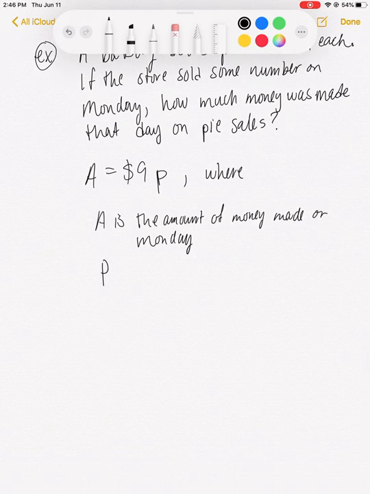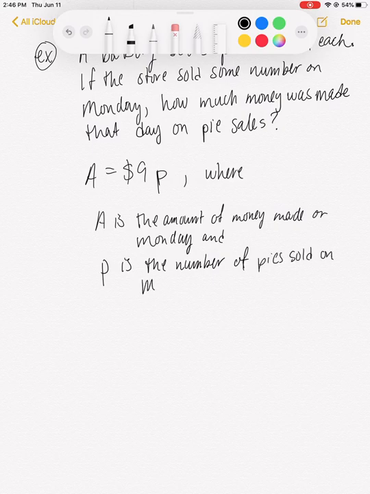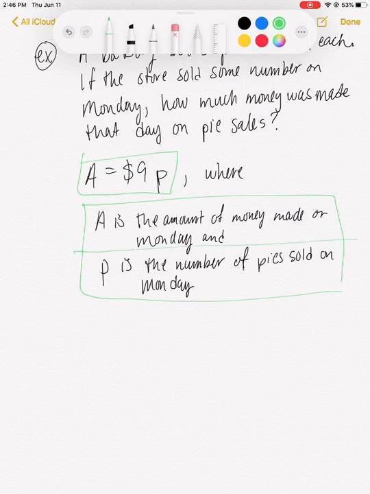P is the other variable. P is the number of pies sold on Monday. Okay, so we have our equation and we have our two variables defined. Next example.